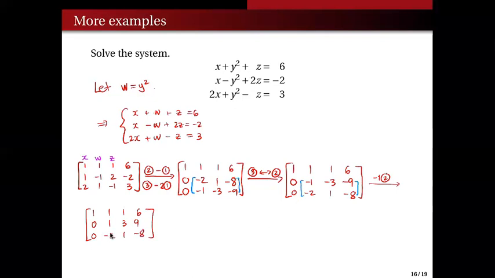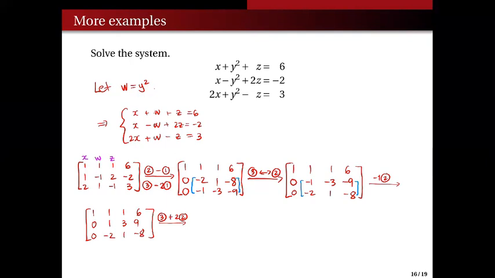Then I want this to be 0. I'll use row 2. So if I do that, what we can do is to add row 3 plus twice row 2. So I'm just using row 2 to replace row 3.